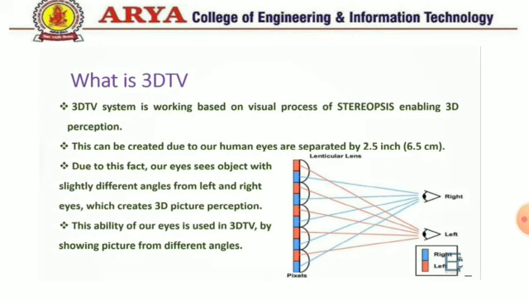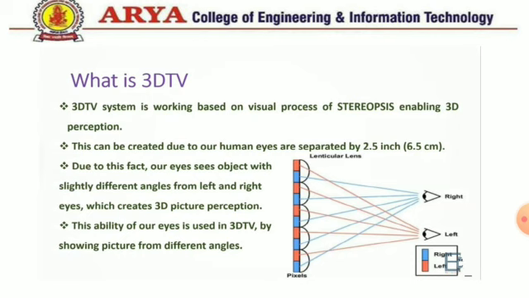I will show you how that perception is created. Because of this separation of our left and right eyes, our eyes observe objects differently with some different angles, which can create 3D perception.